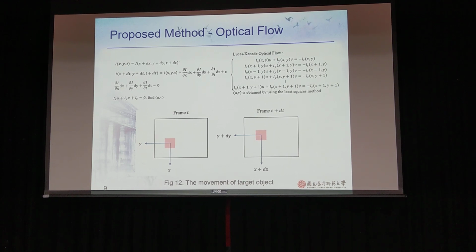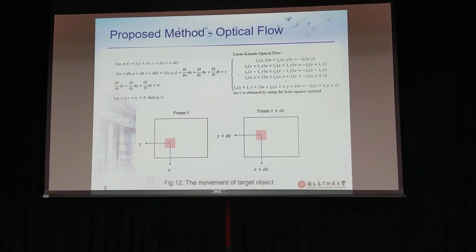Lucas-Kanade optical flow method is the most common way. It adds the assumption that the motion direction of near pixels of an object is constant. That is, in a window centered on the target pixel, all pixels have the same optical flow vector UMV.